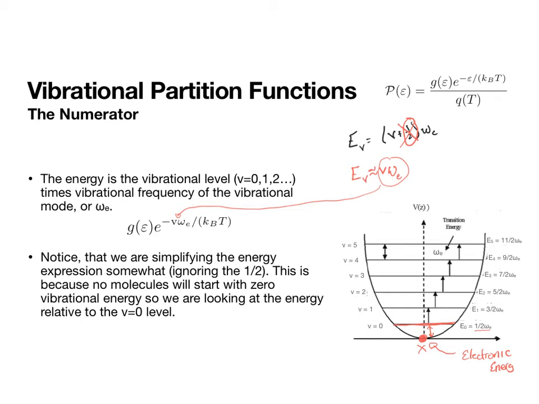And so what we are going to do is basically define this as equal to 0. And so that allows us to shift everything by that 1/2 omega e, making our lives a bit easier. Because if I subtract 1/2 omega e from this, I get 2/2 omega e, or just omega e, which with v equals 1 is what we have.